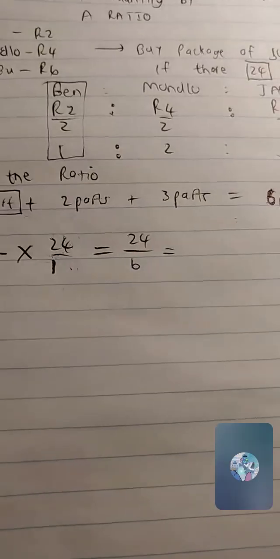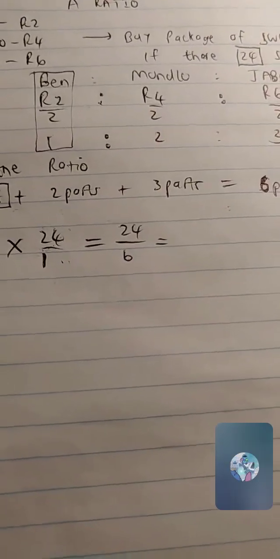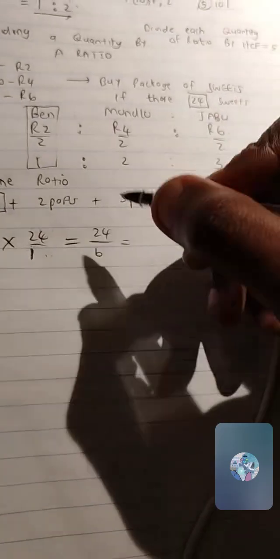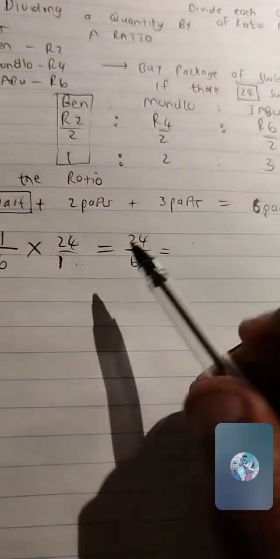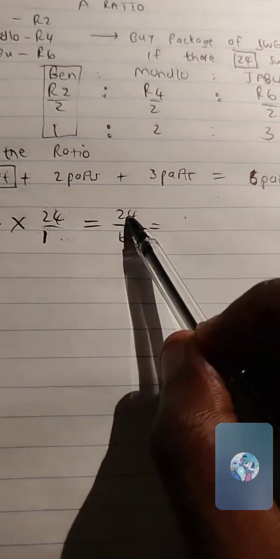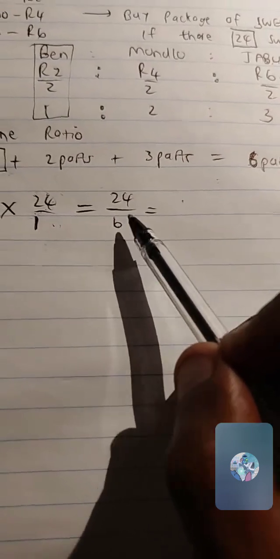What's 24 divided by 6? So 6 goes into 24 how many times? 6, 12, 18, 24.